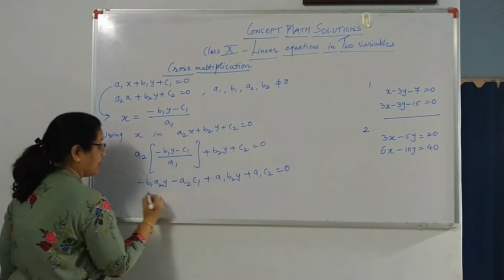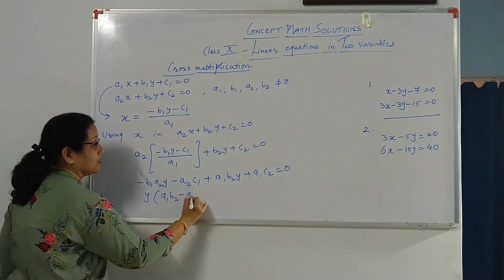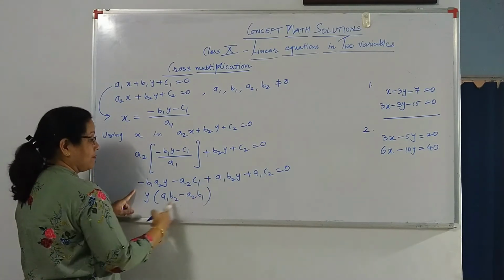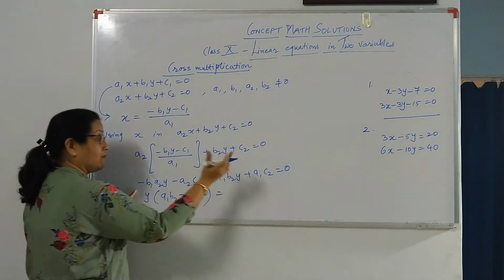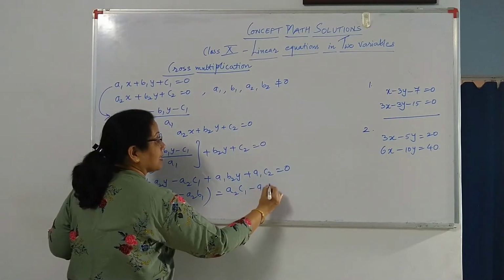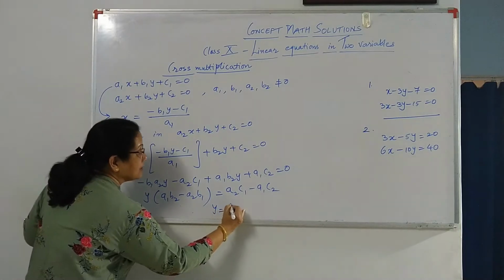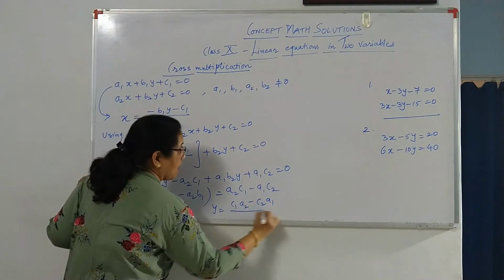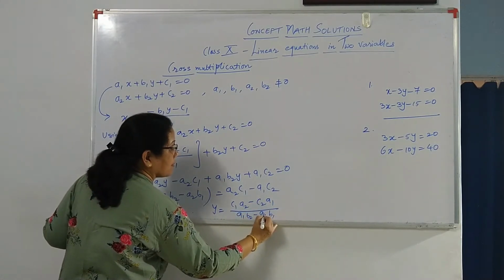Now from these I take y common. I have a1 b2 minus a2 b1, yes, I took y common. That's equal to, this negative term will become positive, a2 c1 minus a1 c2. Right? That gives you y as c1 a2 minus c2 a1 upon a1 b2 minus a2 b1.